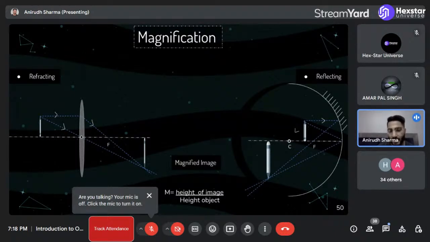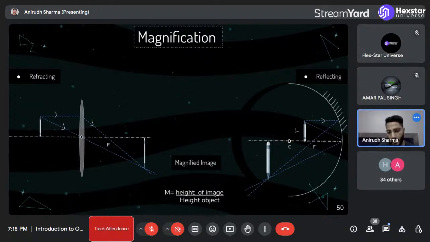So magnification factor is basically the height of the image versus the height of the object. So in mirrors we can magnify in this way, and in lenses also there is the same law: if you incident a light at the center of the lens, then it would directly pass through as if it were a glass slab.